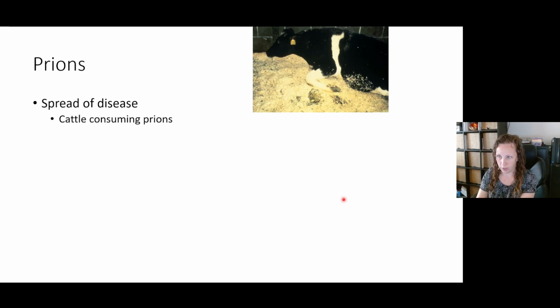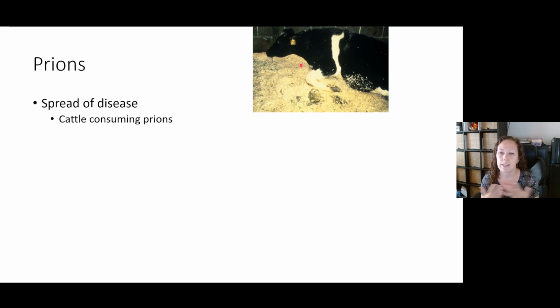They were contracting it, and the cycle just went up and up and up because now they had it, but you might not see those symptoms by the time that those cattle are slaughtered, or they might look like this. But then the products from that were still going into the meat and bone meal that was now fed back to cattle. And so you're feeding more and more and more contaminated product to these cattle over time as this cycle continues.